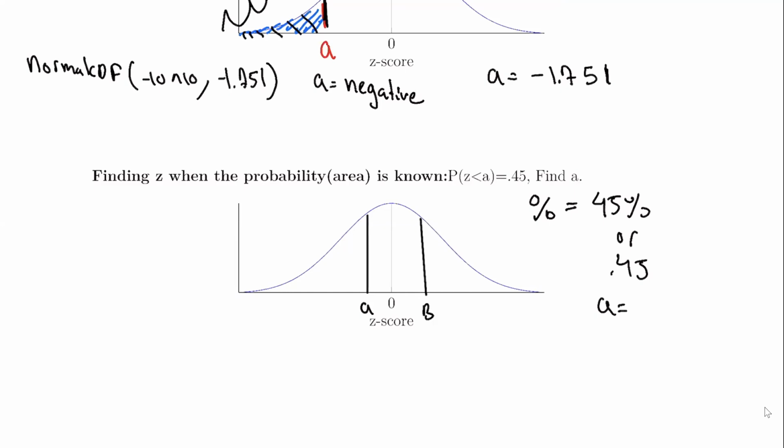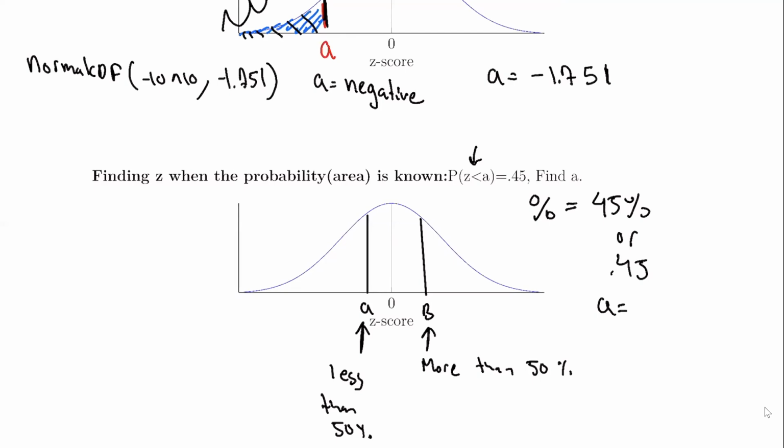All right. So if you look at it, we want to find the probability that z is less than a, which is equal to 0.45. And we're shading the left-hand side. So if my probability would have been more than 50%, I'm going to use B. If it's less than 50%, you use A. That's kind of an easy trick, but it only works when Z is less than A. If Z is greater than A, you have to use other logic.